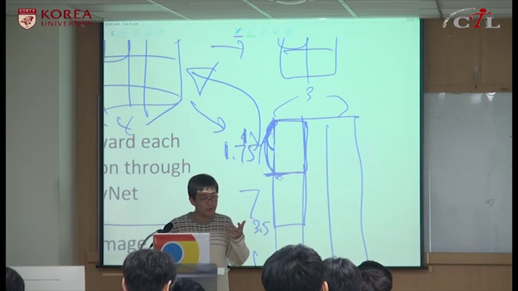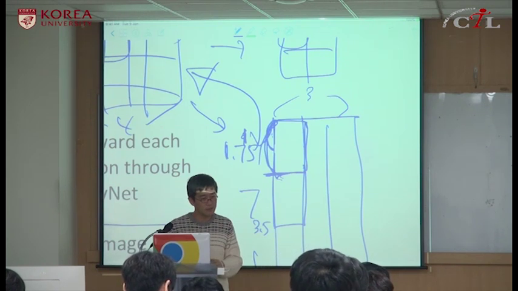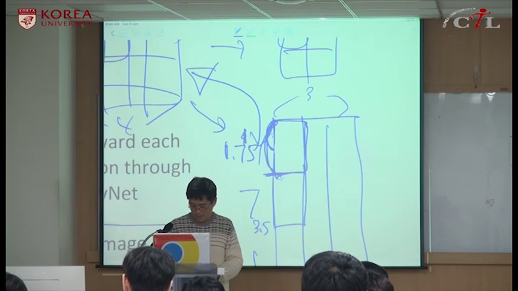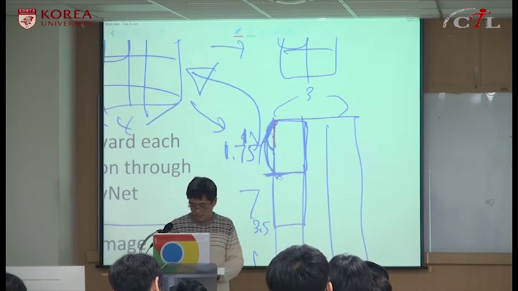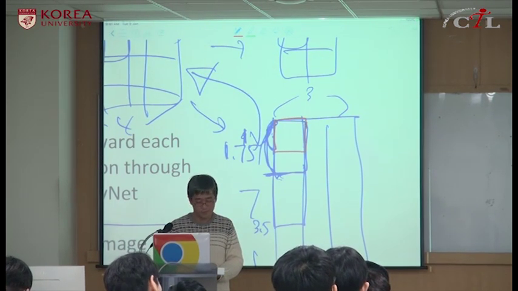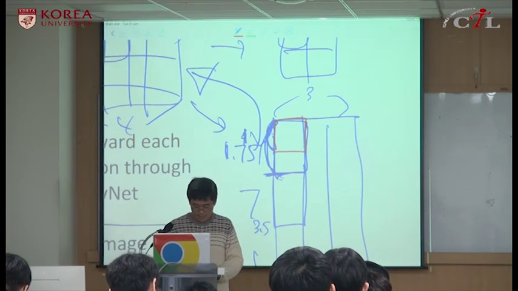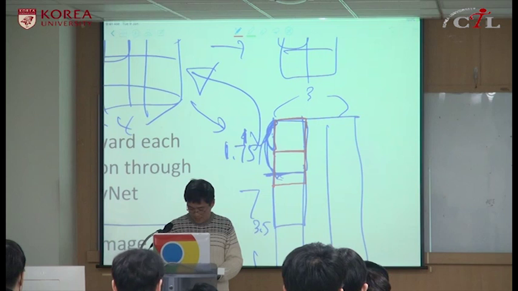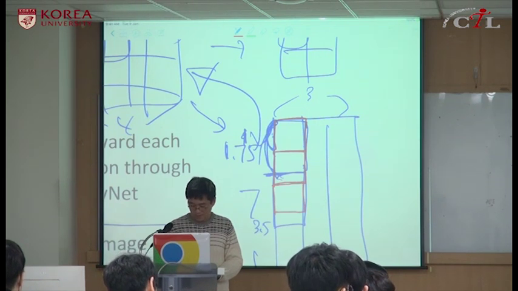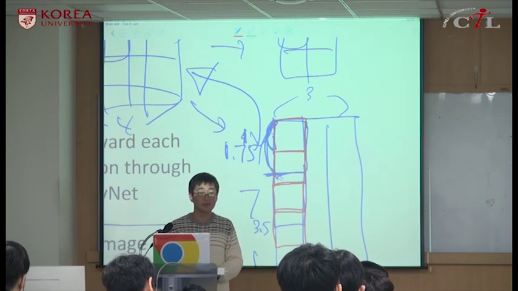So if we think of a regular grid that is formed by our integer pixels, let's see. Like this. So this is the first pixel, and this is the second pixel, and this is the third pixel, and this is the fourth pixel.